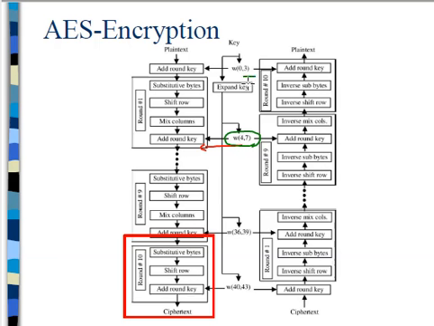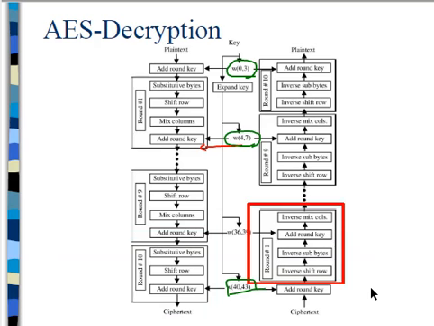For instance, here words 0 till 3, then words 4 till 7, and finally in the last step we have words 40 till 43. Because our keys are also considered like our state as a matrix.